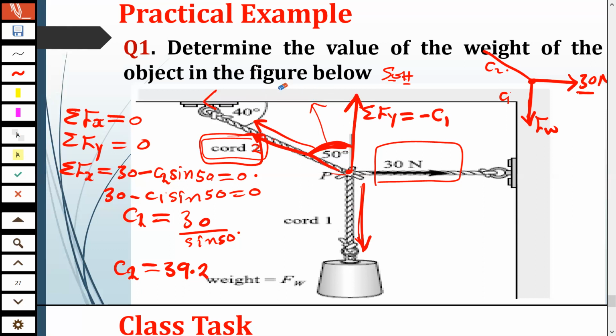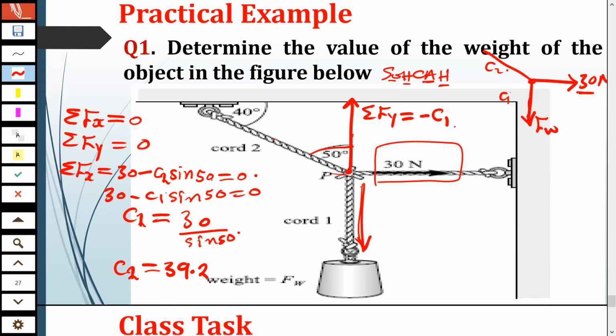That is the y component of cord 2, and this is adjacent to 50.